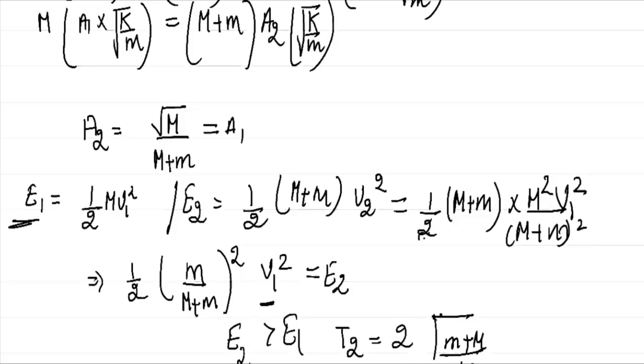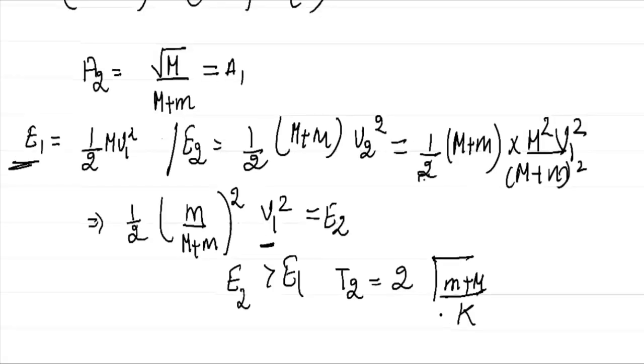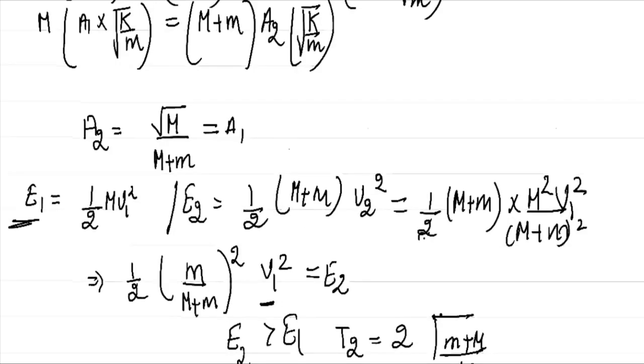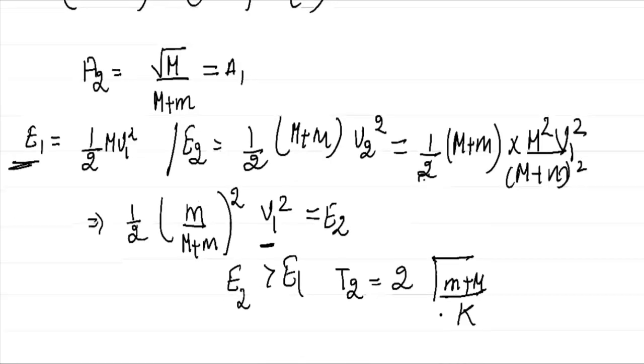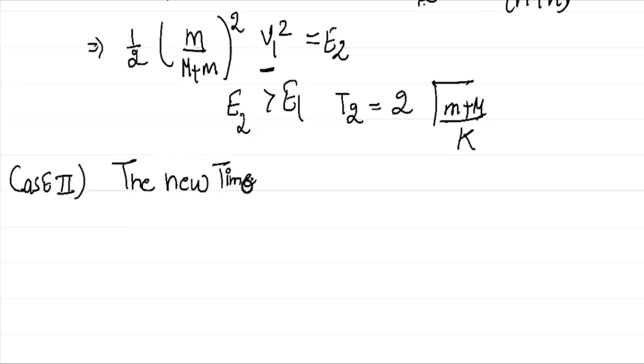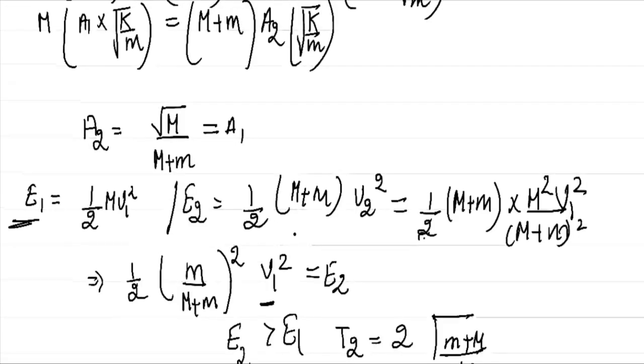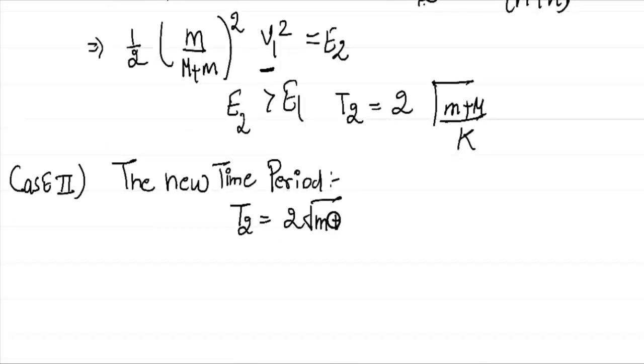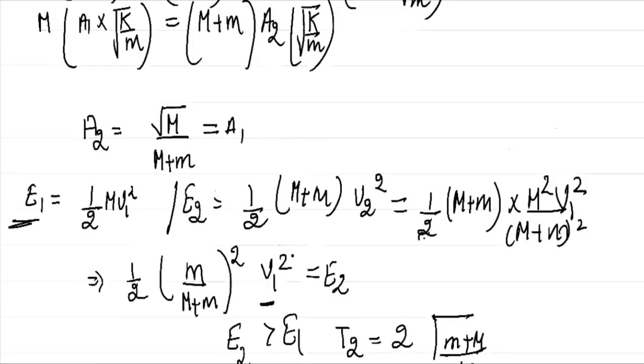And similarly, if we take case 2, the new time period is also the same, T2, that is 2 pi under root (M plus m) divided by k. This is our new time period T2.